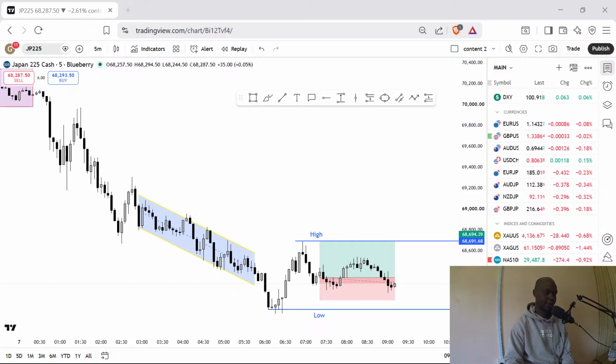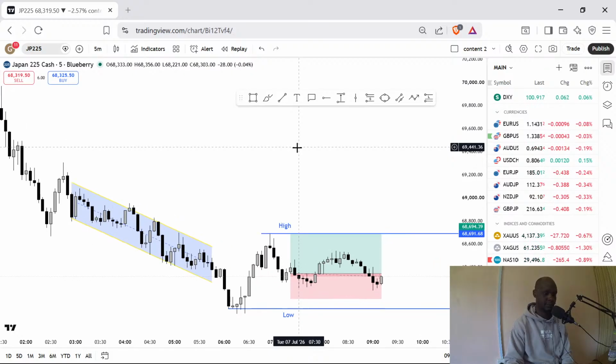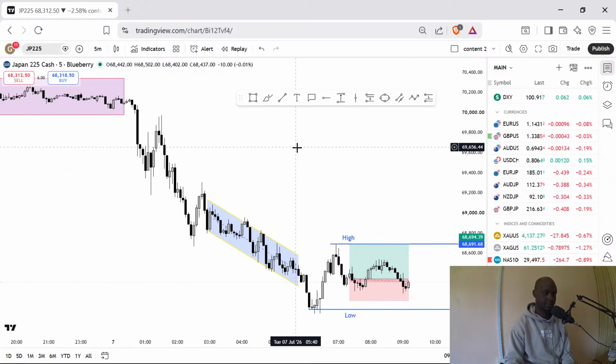How many trades do you guys average per week with your approach to trading? But how many of you are actually just starting? You're just on your journey to starting your journey in trading.